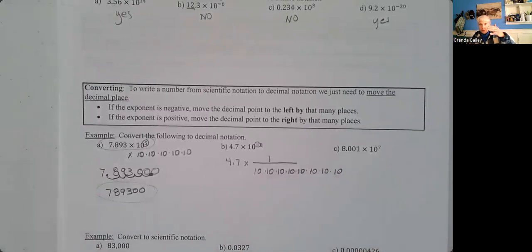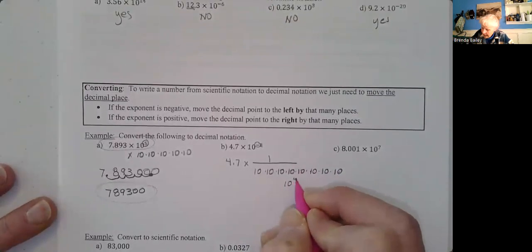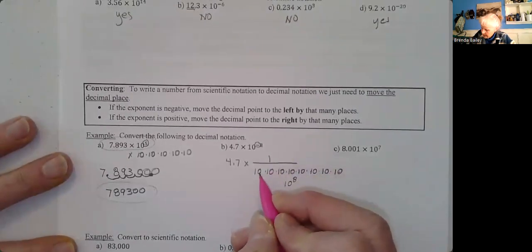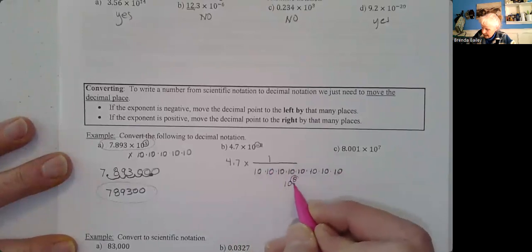A negative exponent means that if you want to make it positive 10 to the 8th, you move them underneath. So this is 10 to the 8th in the denominator. Negative exponent, you move it down. So it's a division. And when you divide by a number of zeros, you move it to the left. So you're going to move it to the left how many zeros you have, which is 8 of them.